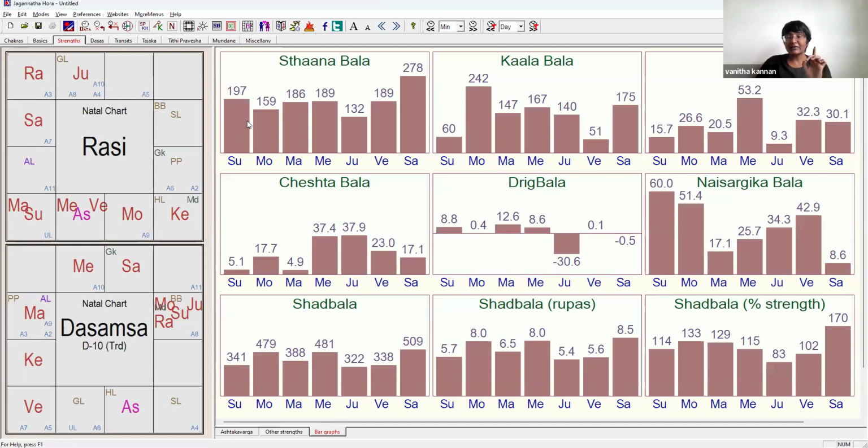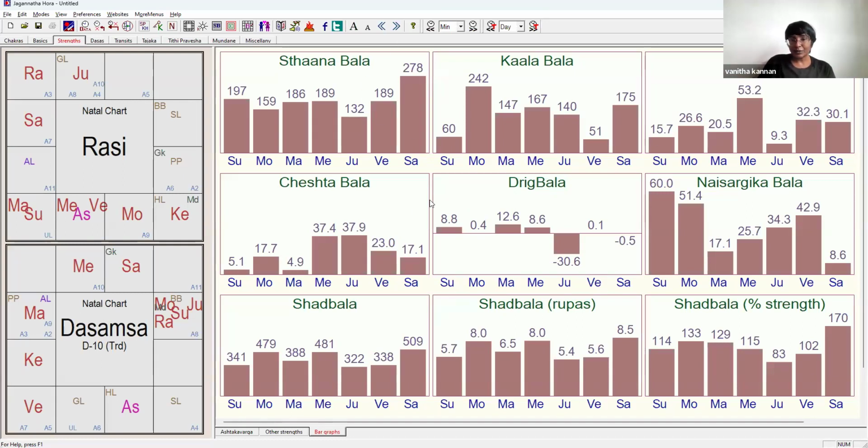Because if the Sun has 165 or above, it is considered a strong graha, especially in the Sthana Bala. Same goes for Jupiter, Sun, Jupiter, Mercury. So Mercury is also good, it's above 165. Jupiter is not good, it's below 165.